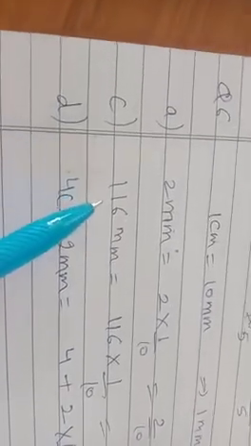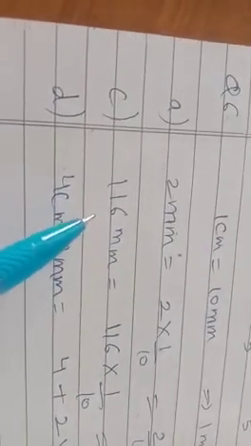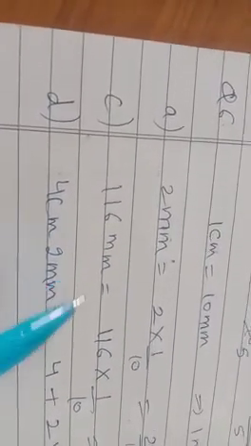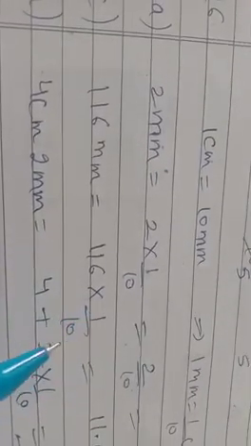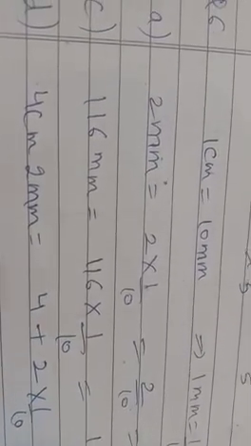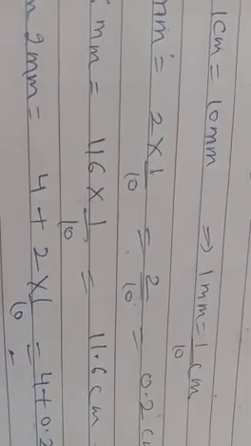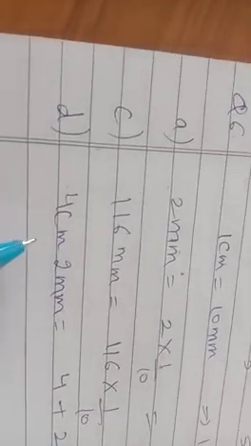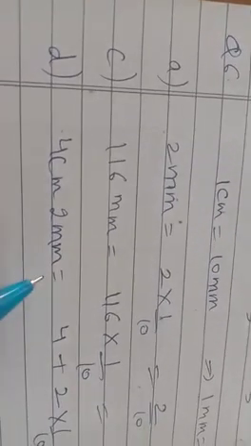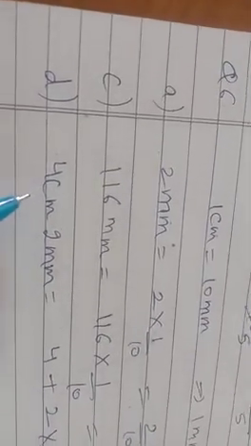Then we have C part, 116 millimeter. Again we will multiply 116 by 1 by 10. So we will get 11.6 centimeter by shifting the decimal to the left. Then we have D part, 4 centimeter 2 millimeter. 4 is already in centimeter.